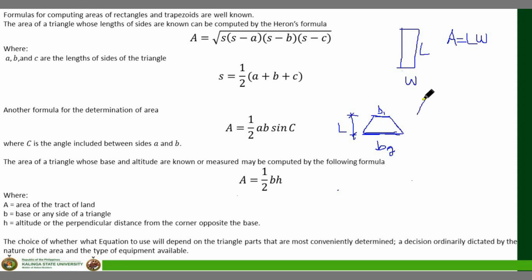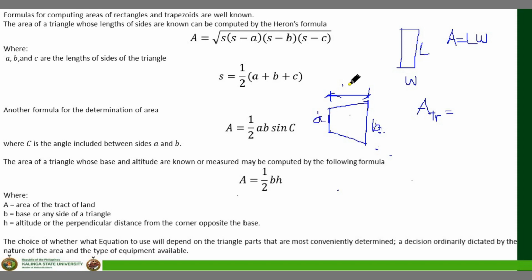Again, this is just a review. What is the area of a trapezoid? Let's say this is my A, this is my B, and this is my H. So to get the area of this trapezoid, it is equal to 1/2 of A plus B multiplied by height.